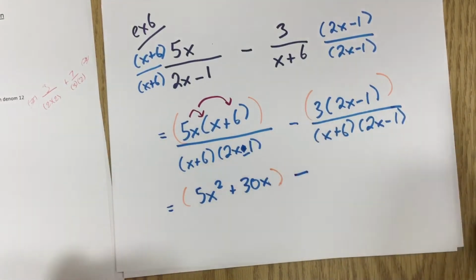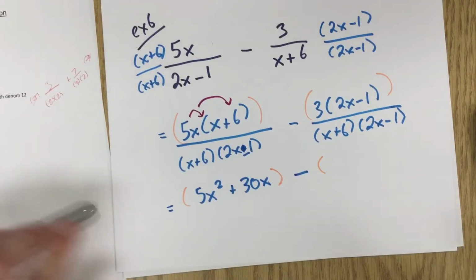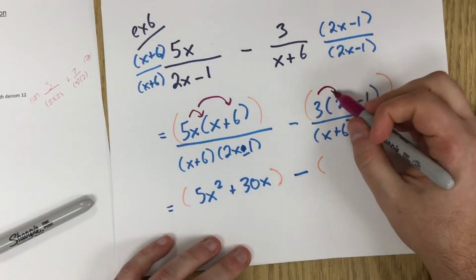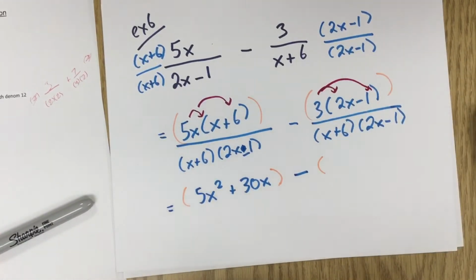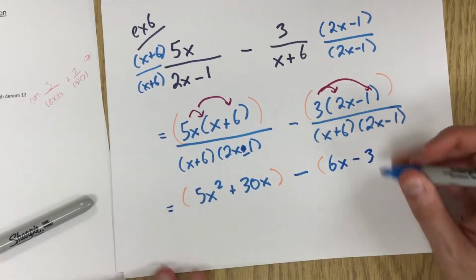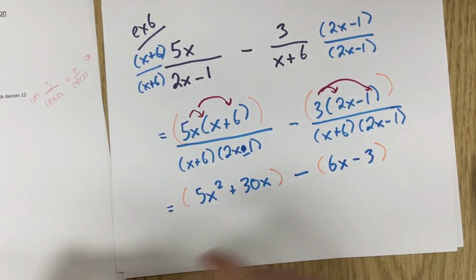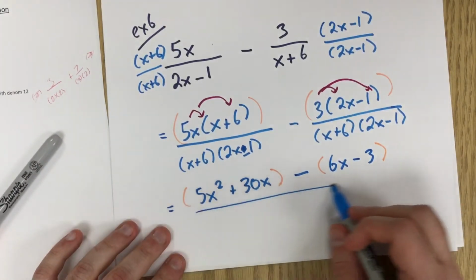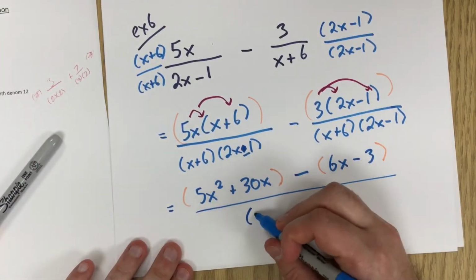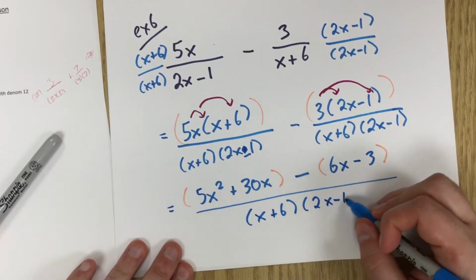Minus, open the next bracket. These guys go in. 3 times 2x is 6x. 3 times negative 1 is negative 3. And all that is over x plus 6 times 2x minus 1.